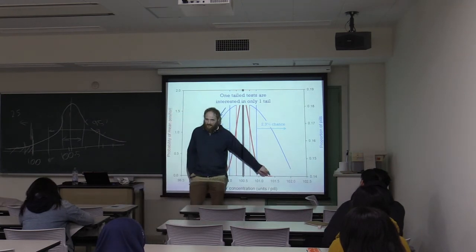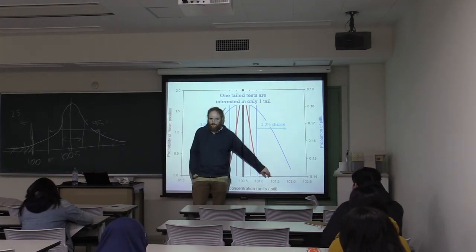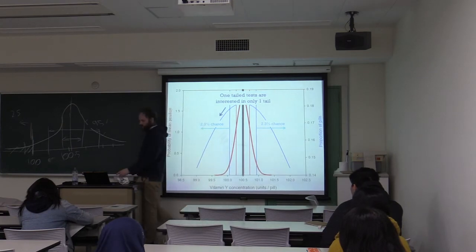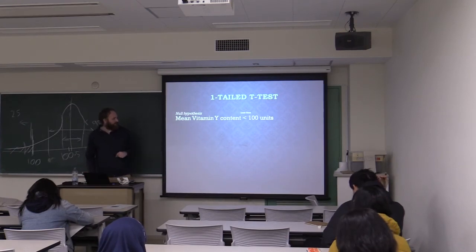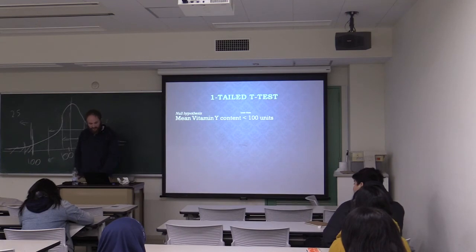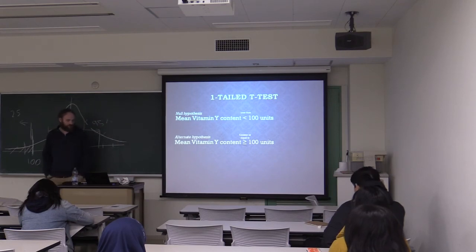We don't care about the maximum value at all. So you can do a thing called a one-tailed t-test. Our null hypothesis is a little bit different here. Mean vitamin Y content is less than 100, and our alternate hypothesis is that it is greater or equal to 100.